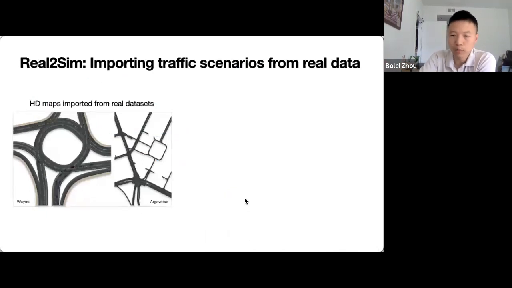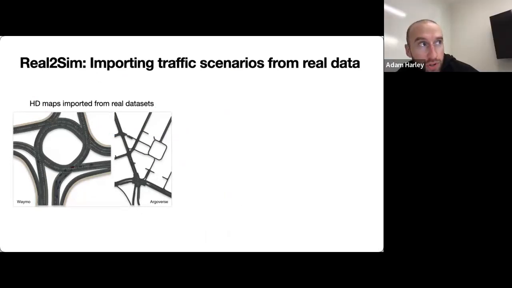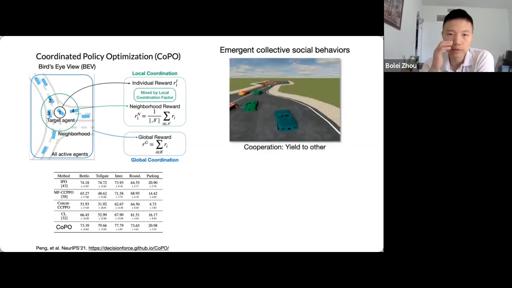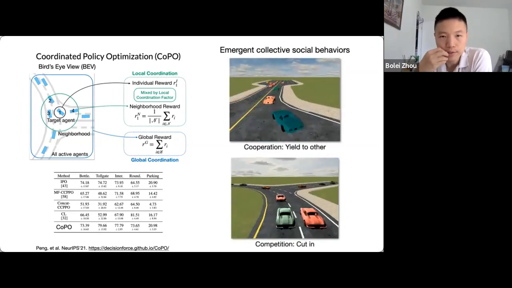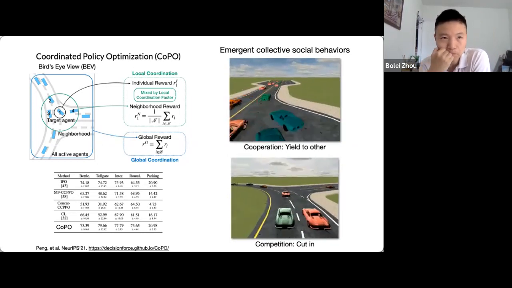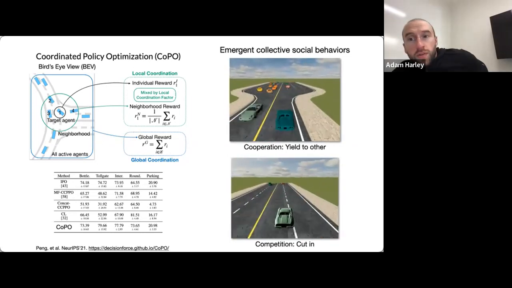Previously I talked about procedural generation. Does the cooperation and competition also happen when the other agents aren't following this coordinated policy? Yes, from the same training, there is both cooperation and competition.